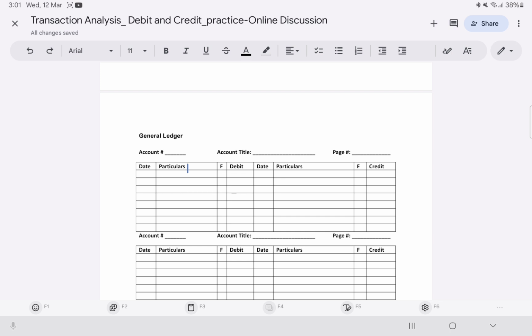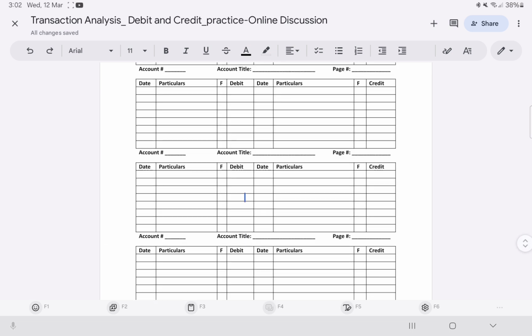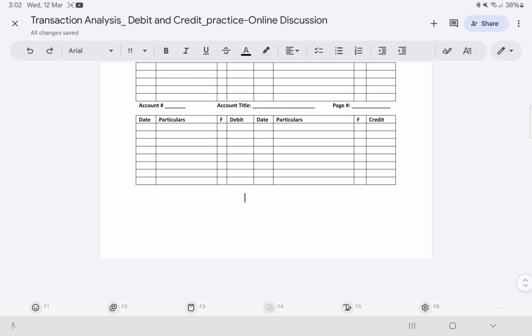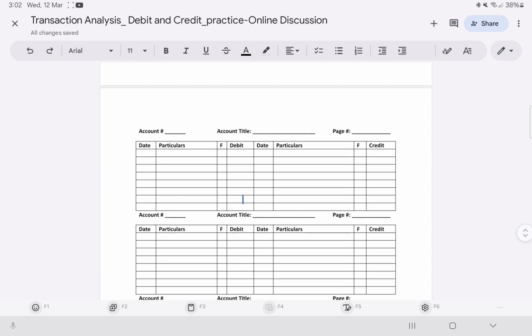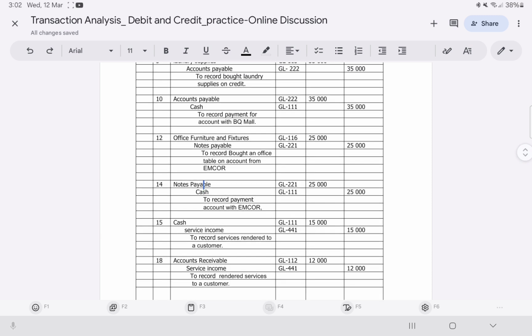The particulars is where you will write what the transactions are all about, and the folio is your reference number, and the debit. So this is your debit side, and this is your credit side: the date, particulars, the folio, and the credit. I prepared it already. So all we have to do is post the general journal entries.